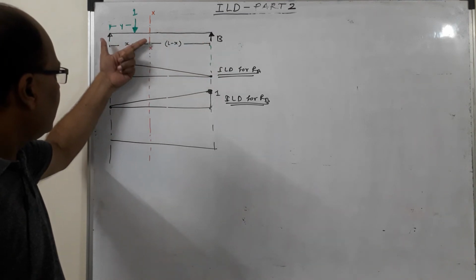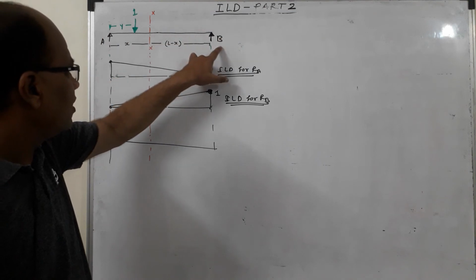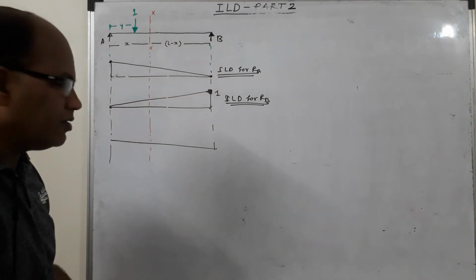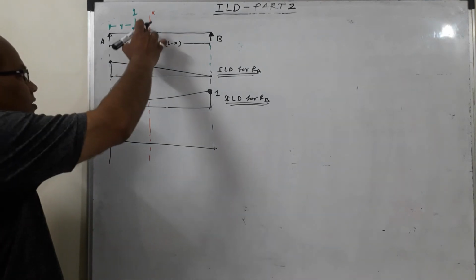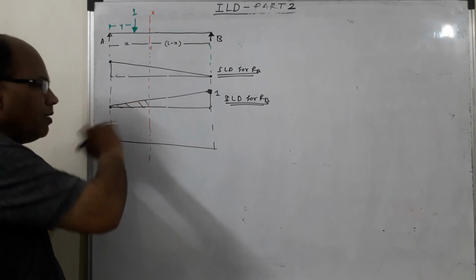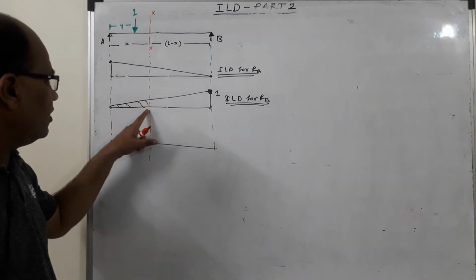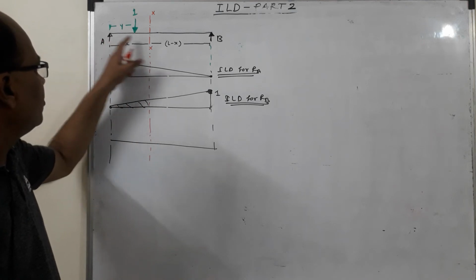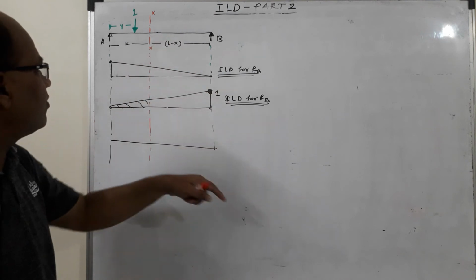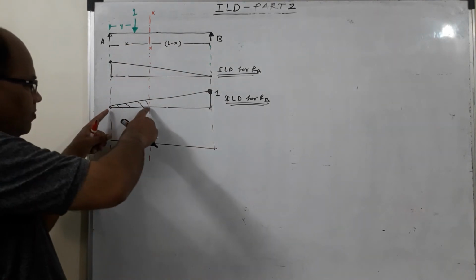So, ILD for shear force in the left part will be governed by RB, and that is why we will have to consider ILD for RB for this case. So, this is the section and I have projected it in downward direction. So, consider this part. This is the ILD for RB when the load is in the left part. So, when the load is in the left part, we know that ILD for Vx will be governed by RB, and that is why I am considering this part.